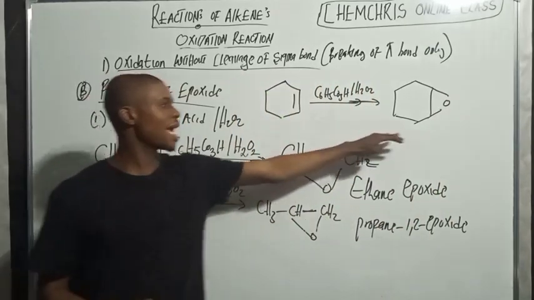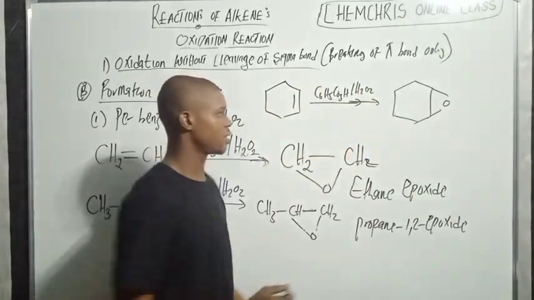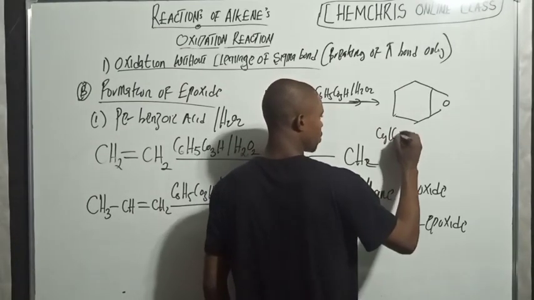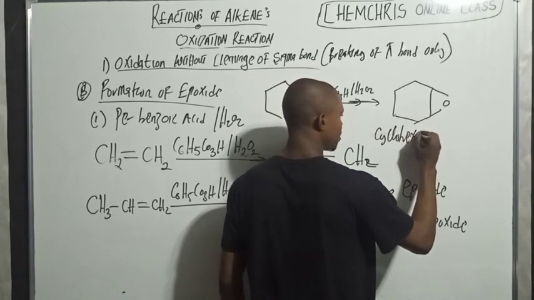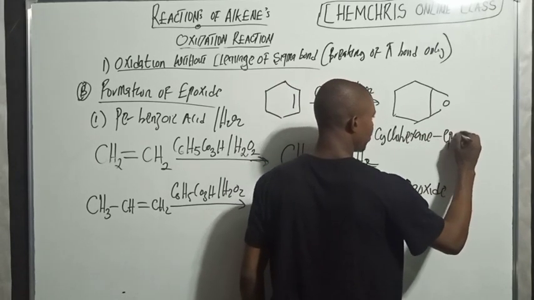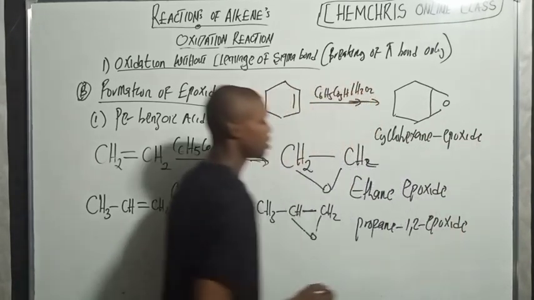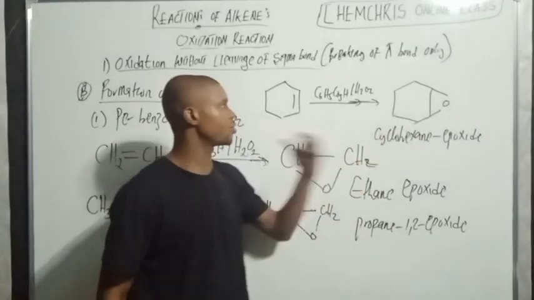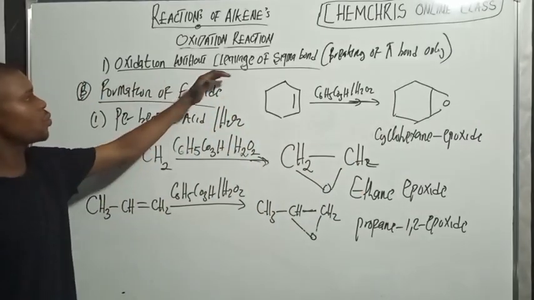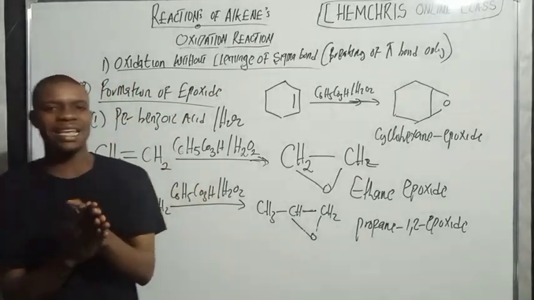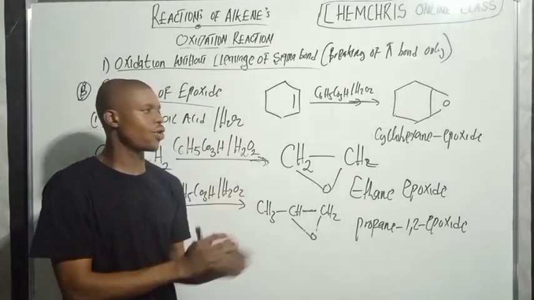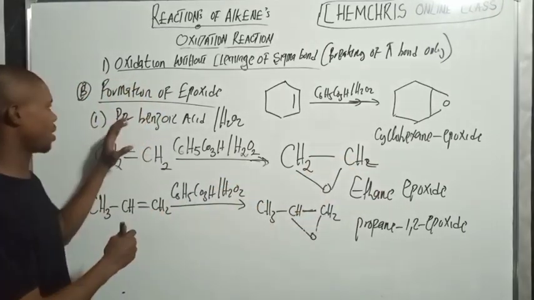So it's going to be cyclohexane epoxide. You understand? So you can see how easy it is. So this is it for oxidation without the cleavage of the sigma bond. It's very easy. Like I said, it can either form a diol or a peroxide, and we have looked at it very well here.